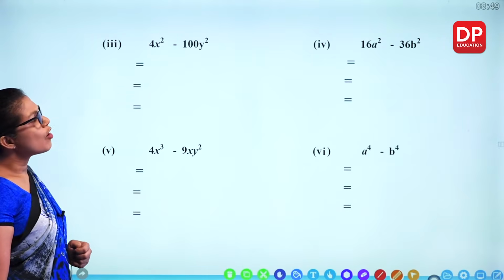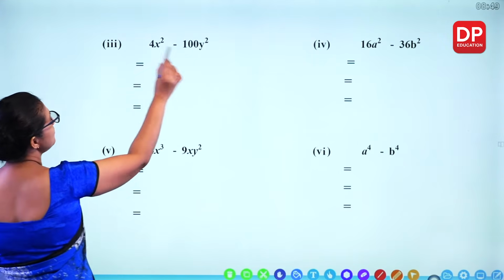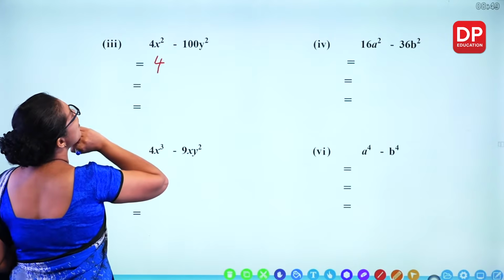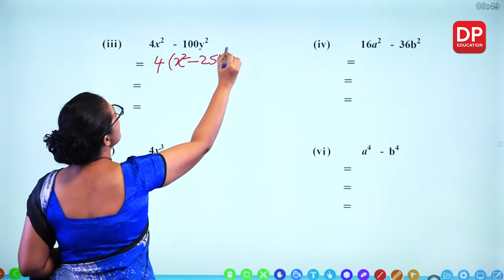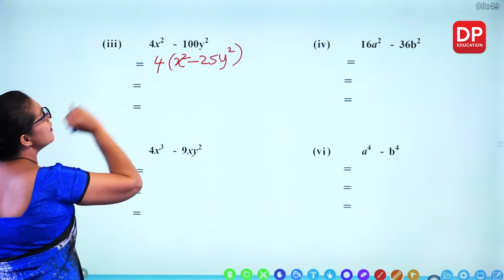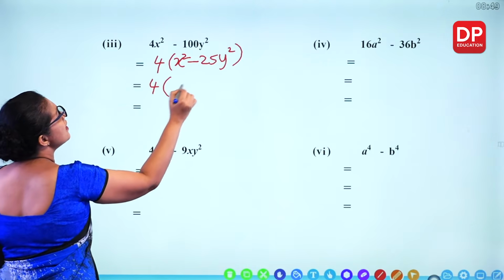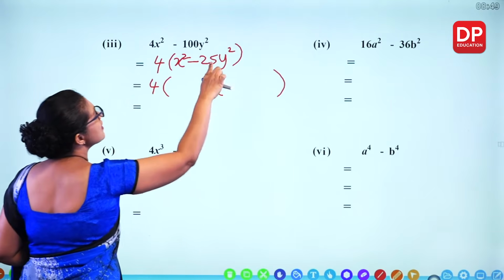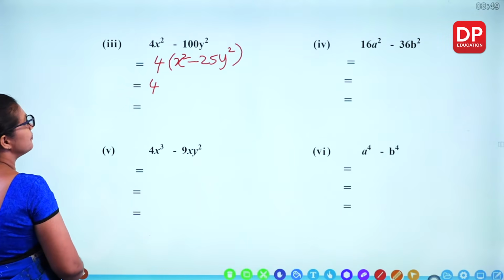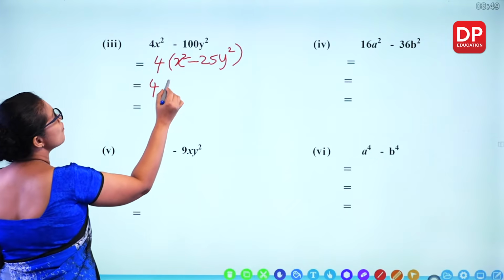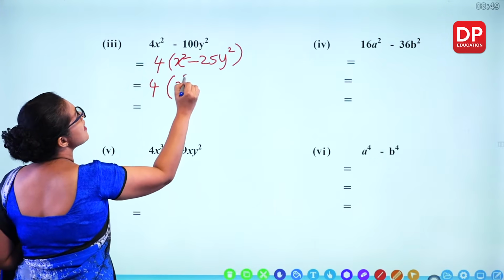You can take the common term out. I can take 4 out. What's remaining? 25y squared. And here 4 is there. Before that I'll write down, when you take 4 out, I can write this as a square term.